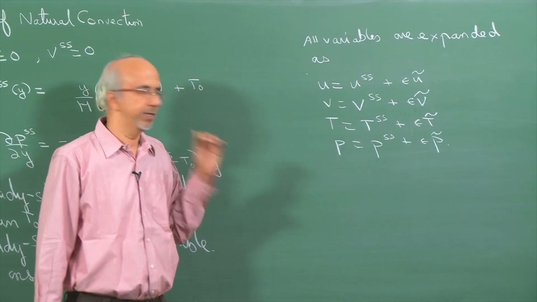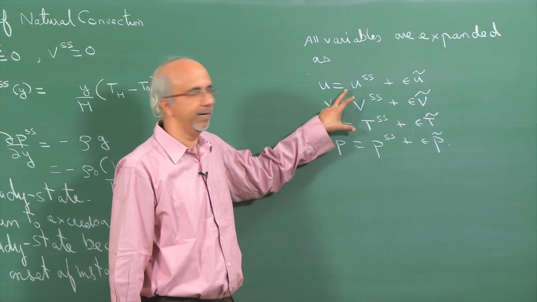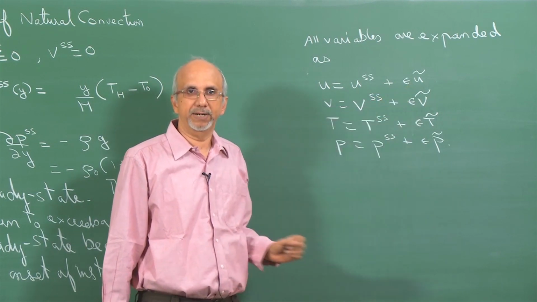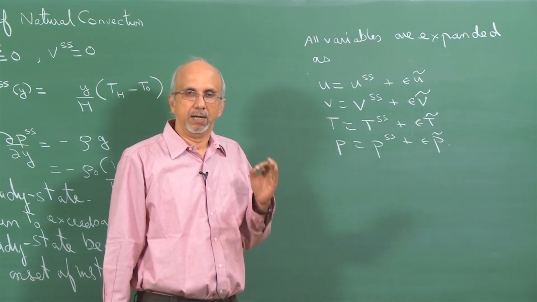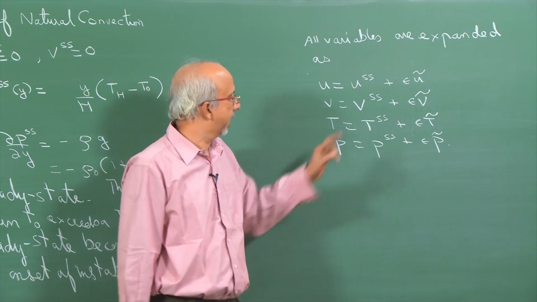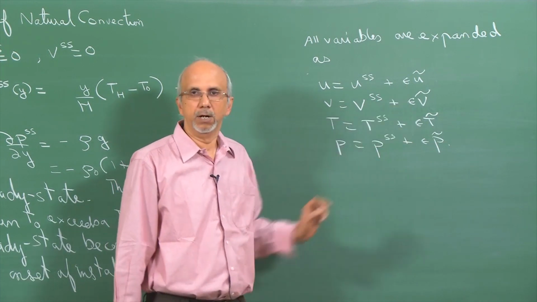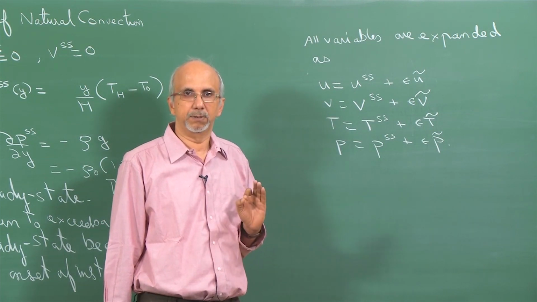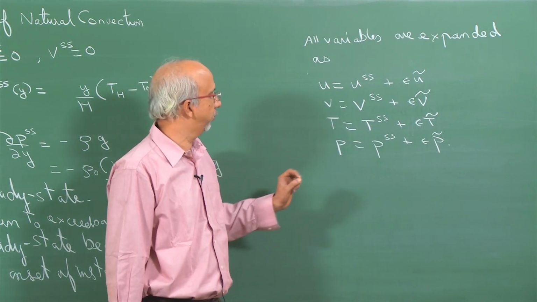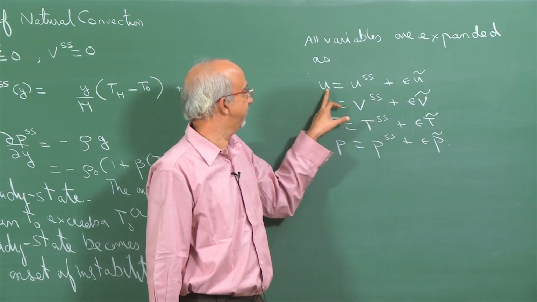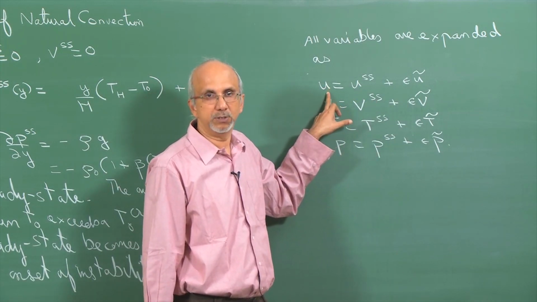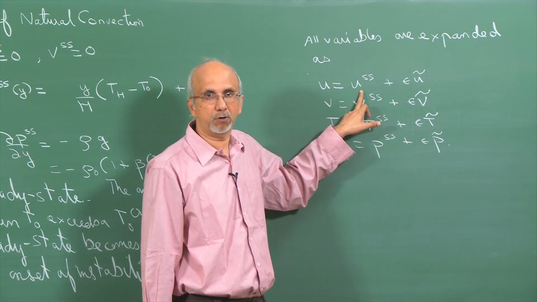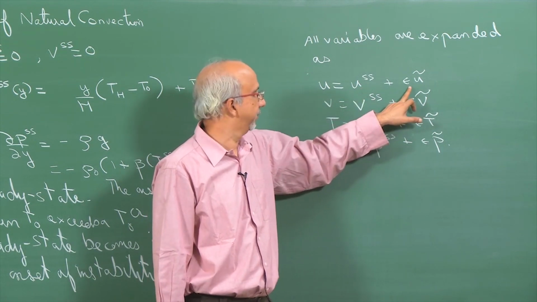What I am trying to tell you is that these represent infinitesimal perturbations. The epsilon here has been included to tell you that the magnitude of the perturbation is infinitesimal. We are just saying that the deviation of the actual velocity in the x direction from the steady state value is the perturbation.